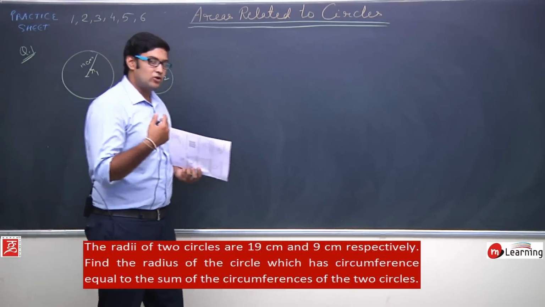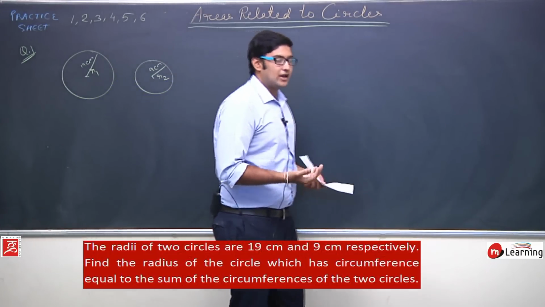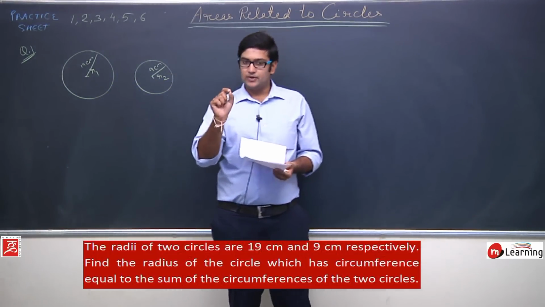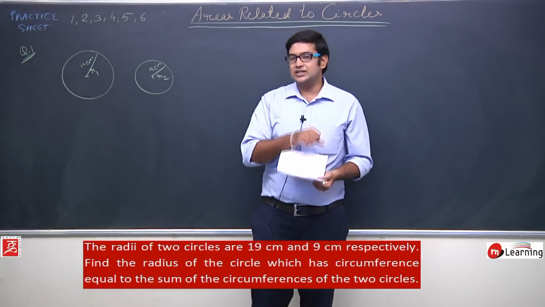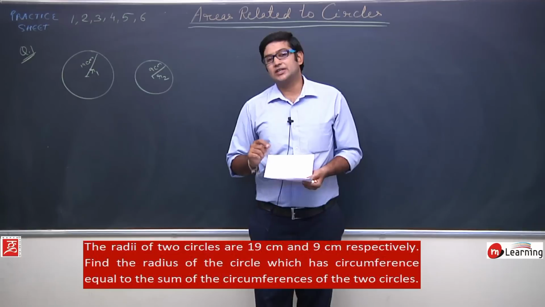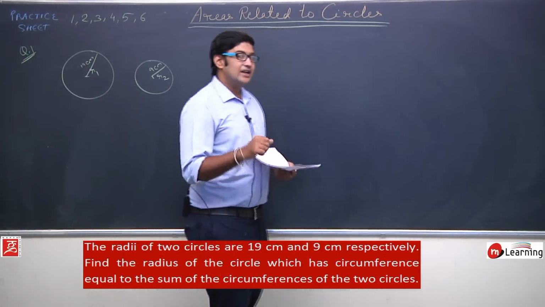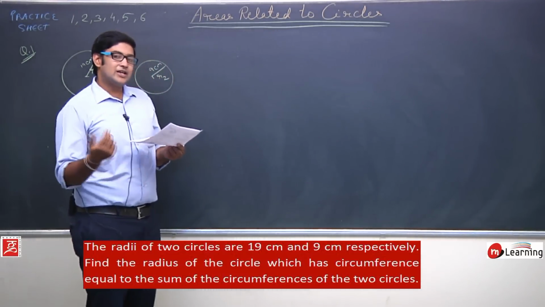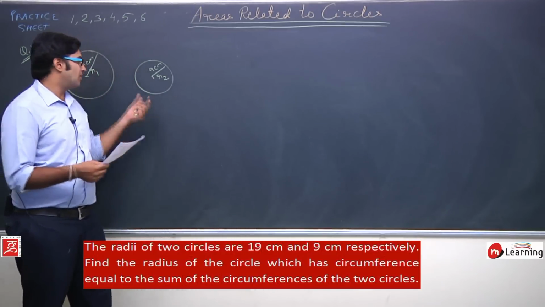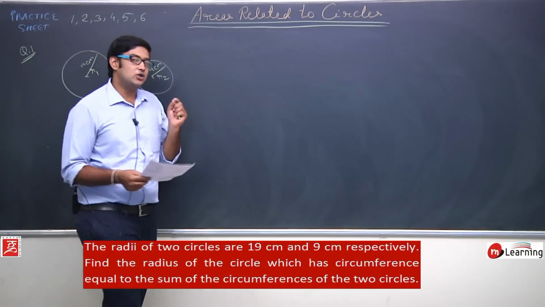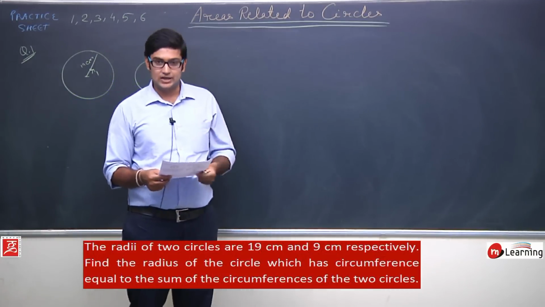Okay, so if I want to draw a circle, what do I require? I need to have a center, a point from which I can draw a circle, and the radius of the circle. If I have the center and the radius of the circle, I can draw a circle. It means for drawing a circle whose circumference is the sum of the circumferences, I need to have the radius of the circle.